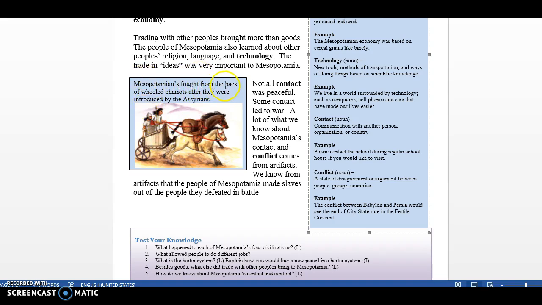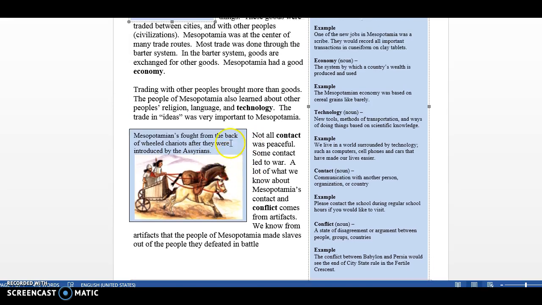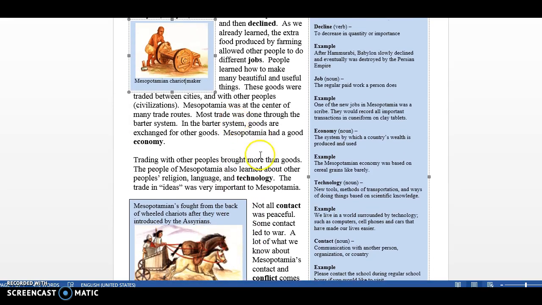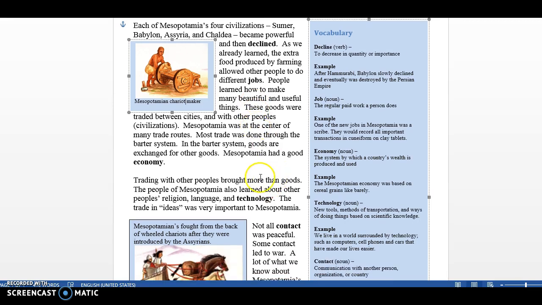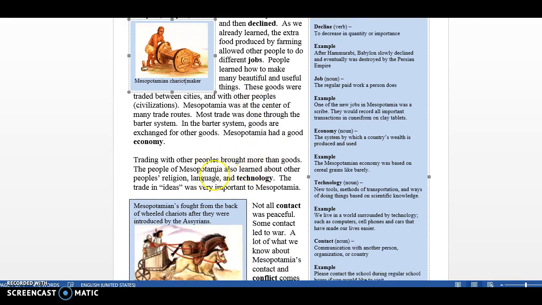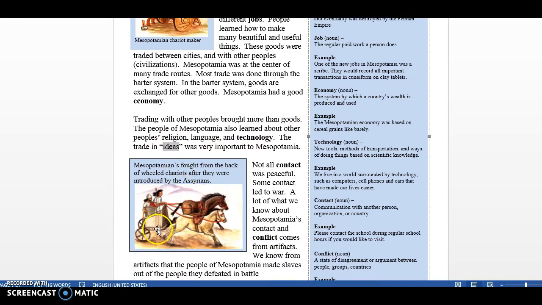Mesopotamians fought from the back of wheeled chariots after they were introduced by the Assyrians. So, like I said, people didn't just trade goods. They also traded ideas, and so they learned to make this chariot from other people.